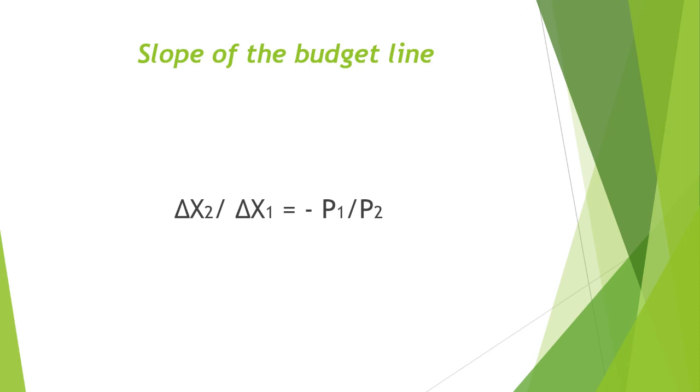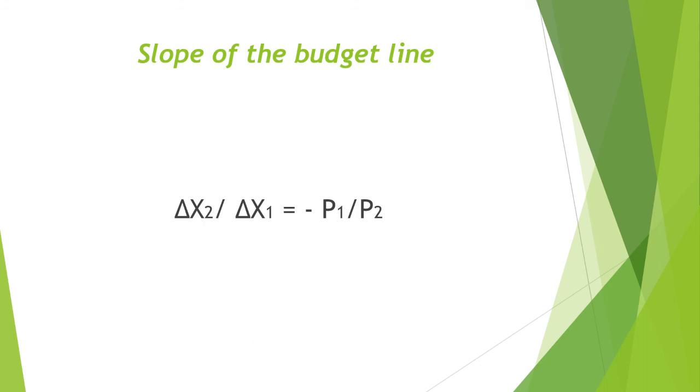Now let us examine the slope of the budget line and the price ratio. The amount of good 2 sacrificed to buy an extra unit of good 1 is called the slope of the budget line. It is calculated by dividing the change in good 2, that is delta x2, by the change in good 1, that is delta x1.